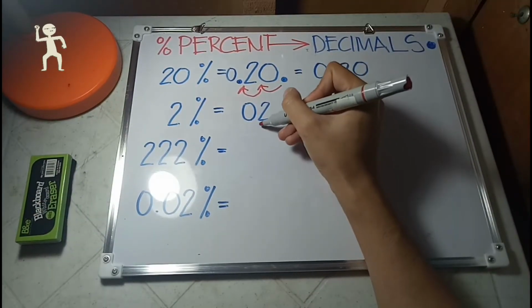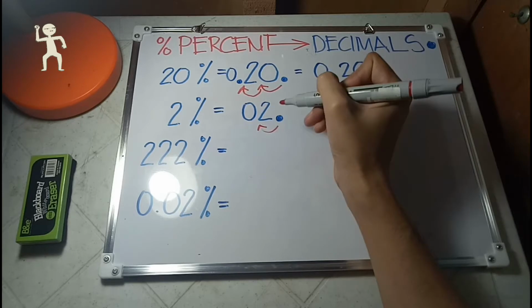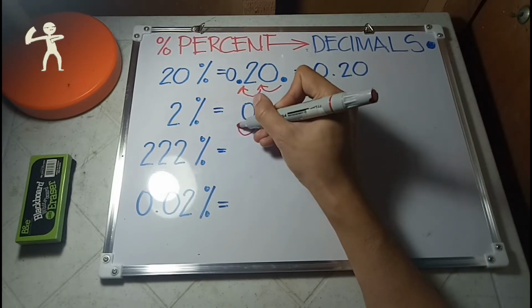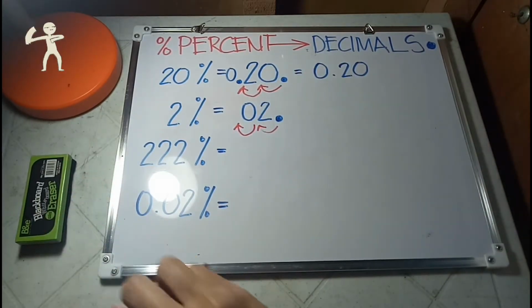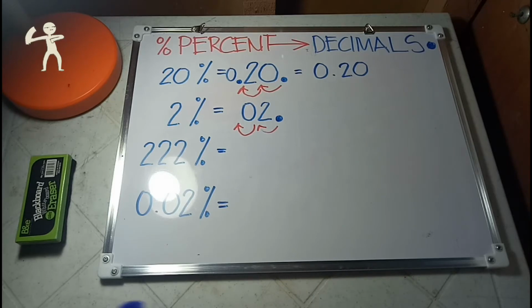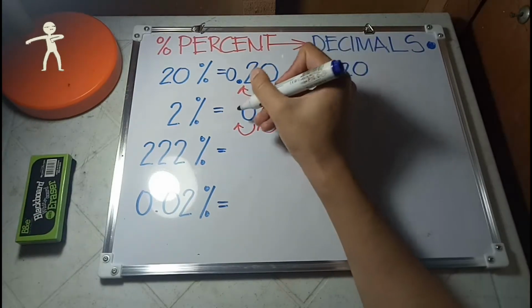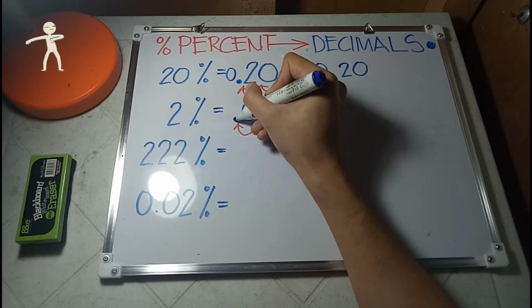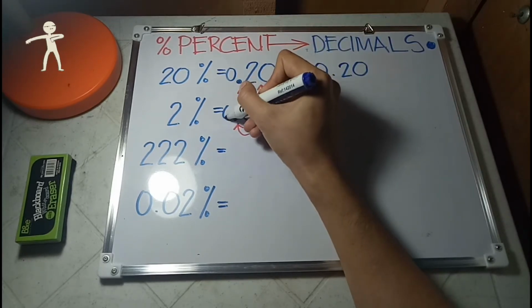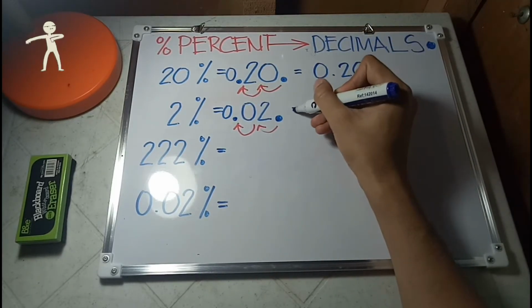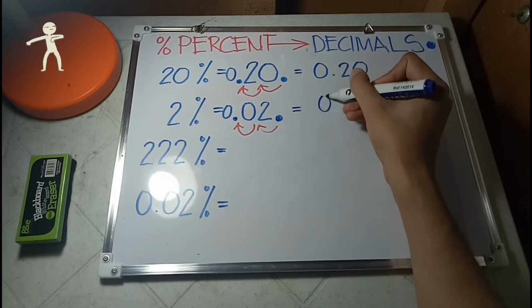Kasi we will move this decimal point 2 places nga eh. So, 1, after that, 2. Then, the decimal sign would be here. And 0 again. Rewrite ko lang po ha. So, that would be 0.02.